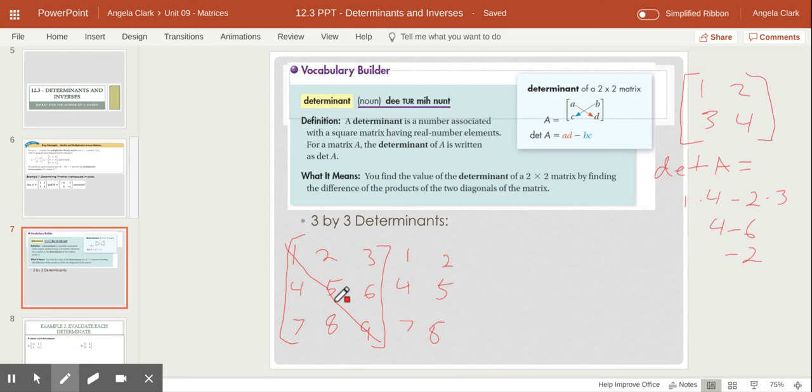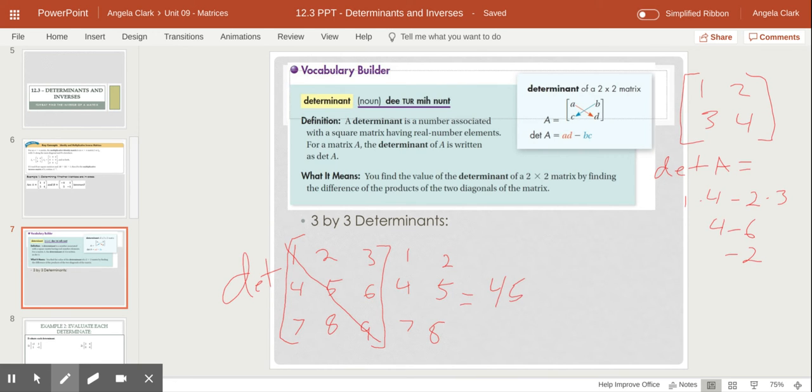So this diagonal first: I have 1 times 5 times 9, which is 45. That's the determinant we're finding, so 45.